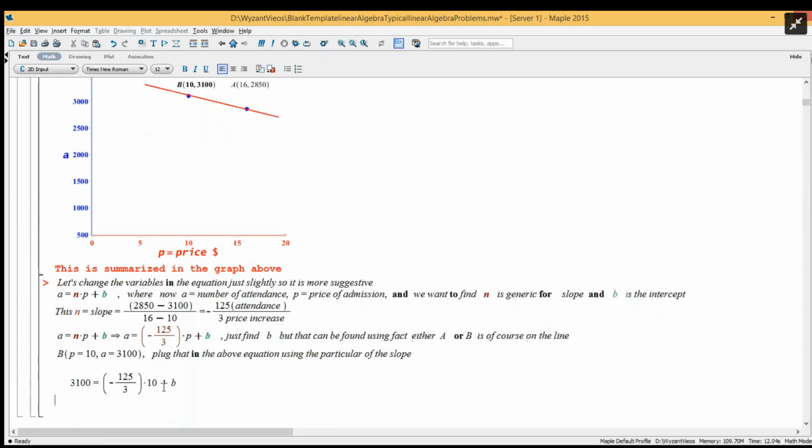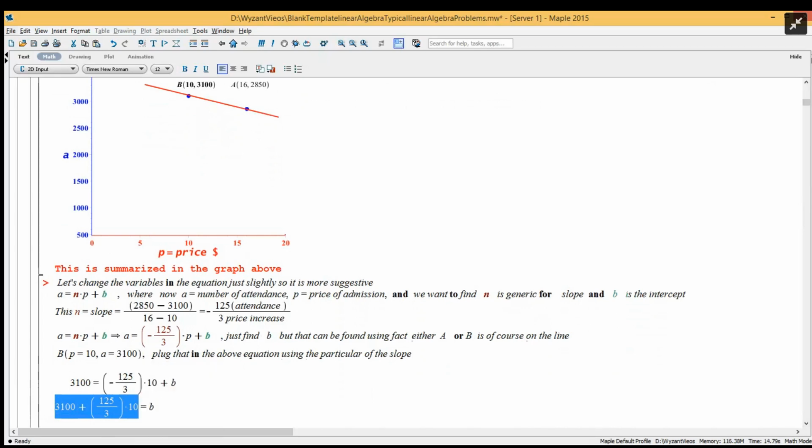Now that fixes the value of b. With a little bit of simplification, we bring the one over and get all the numbers together. We have 3,100 plus 1250 over 3, and because we bring that over to the other side, it's going to equal b. That's b. And now what is that value?